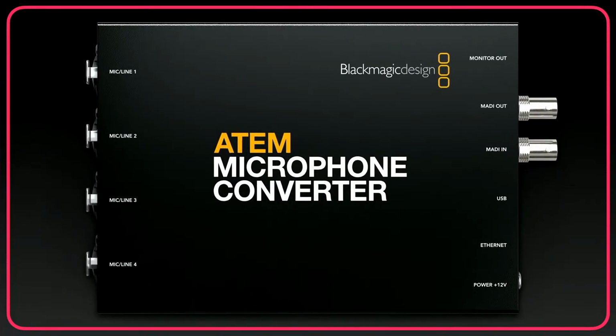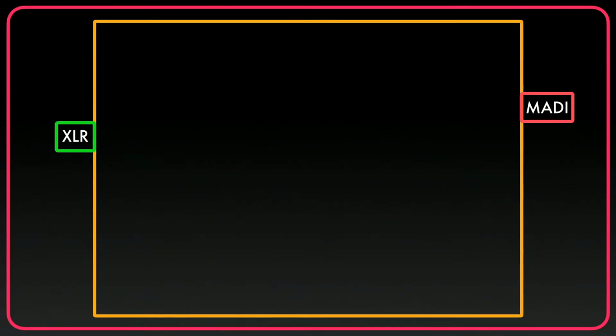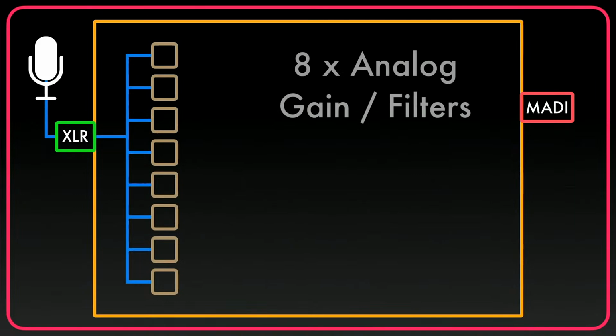Now, what's happening on the inside of this? So we're going to take a look at one input, so one of the XLR inputs. Now, this could be for line level or microphone. I'll choose to go with microphone. And then the audio signal comes in as analog. The analog signal is split 8 times, and it goes into 8 different gains and 8 different filters.